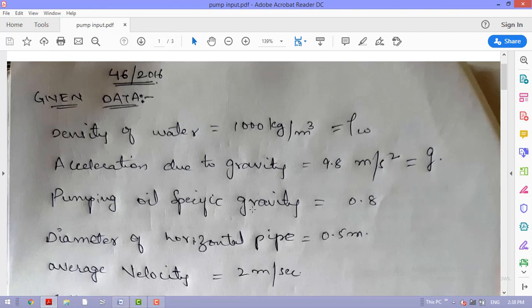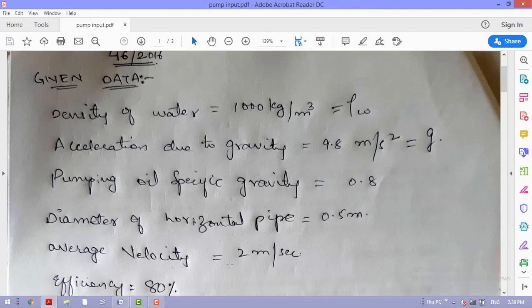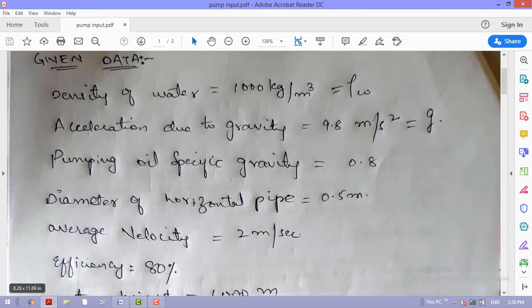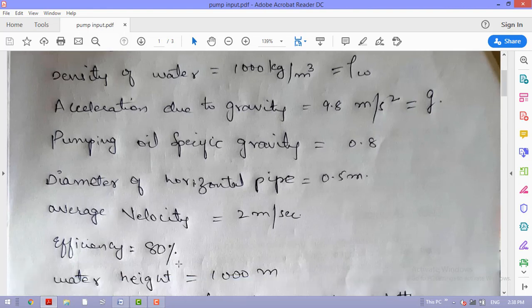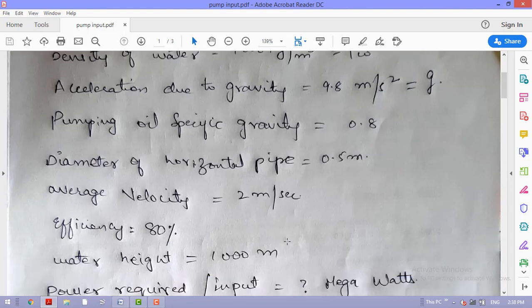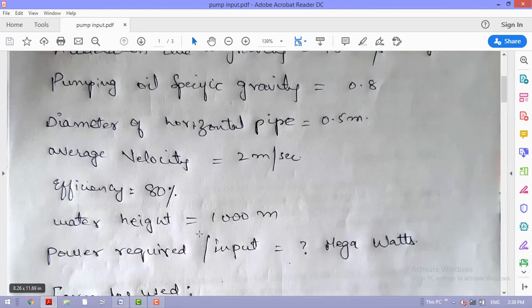Pumping oil specific gravity is 0.8. Diameter of the horizontal pipe is 0.5 meter and the average velocity is 2 meters per second. I just missed out the square symbol over here. The efficiency is 80% and the water height is 1000 meters. And finally, he asked to find the power required, or the input power, in megawatts.